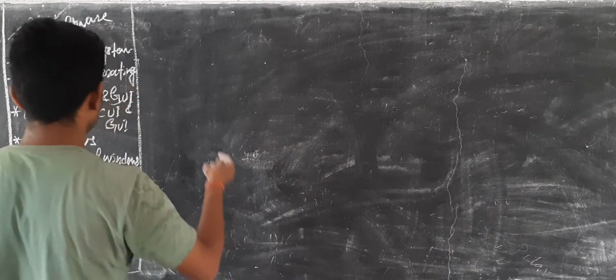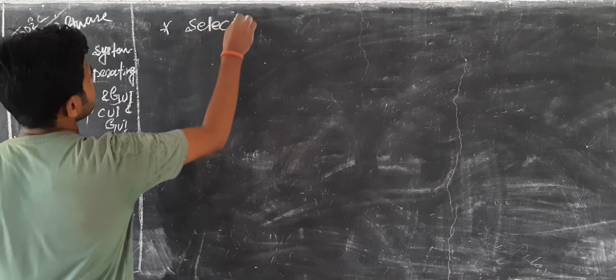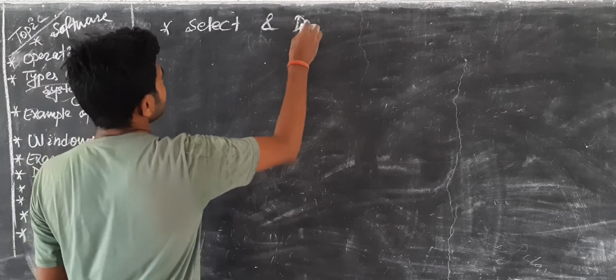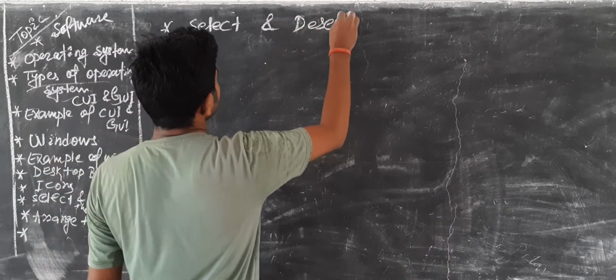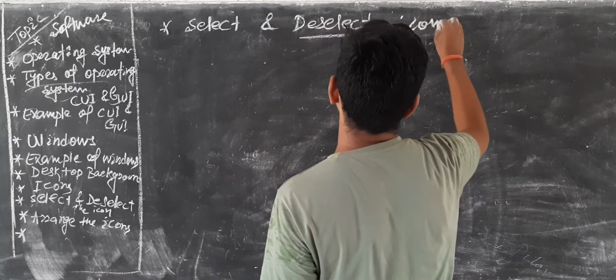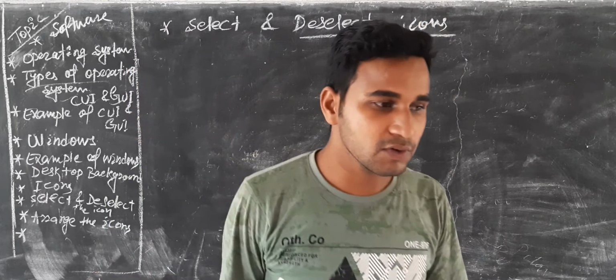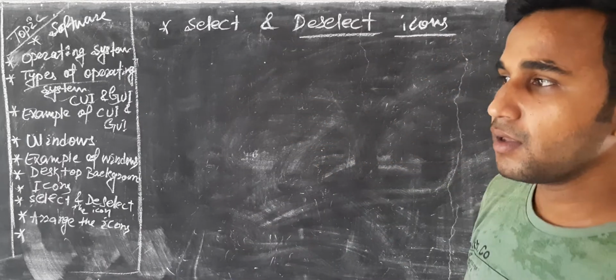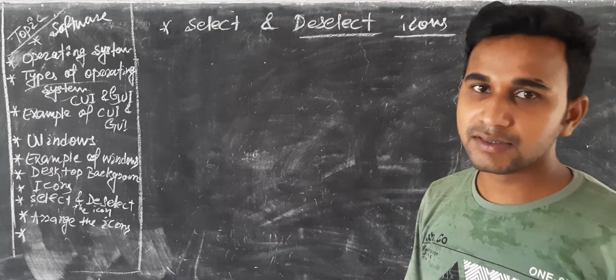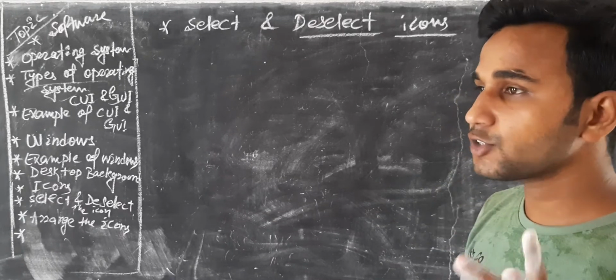Next thing is selecting and deselecting icons. How do we select icons? First of all, the mouse has three buttons: left button, right button, and scroll.